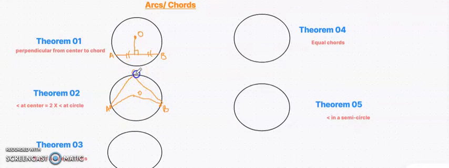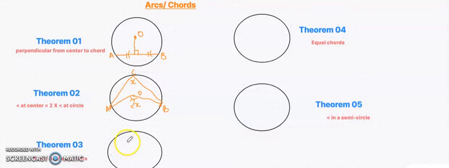So this is angle C. Angle AOB is 2 times the size of angle ACB. So if the size of this angle is x, the size of this is going to be 2x. So angle at the center is 2 times angle at the circumference, and this is how we refer to the theorem. Angle at center is equal to 2 times angle at circle.